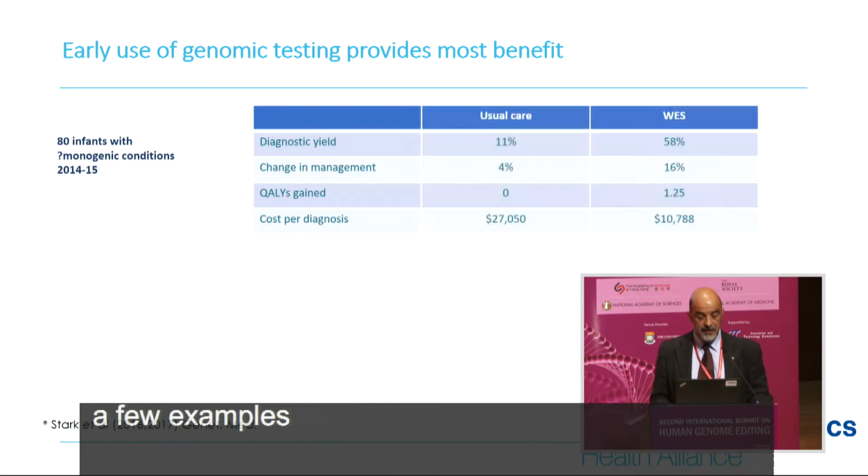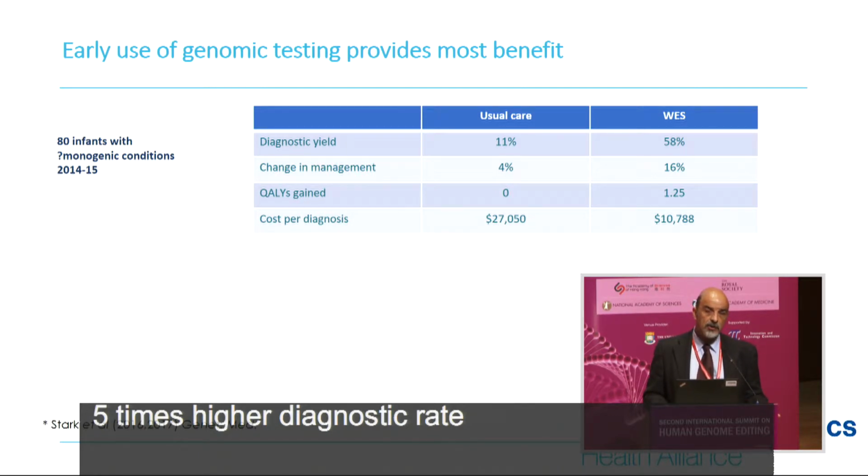And what was found was the early introduction of whole exome sequencing would be predicted to have a 5 times higher diagnostic rate than the traditional route, at about a third of the cost of the traditional diagnostic process. And in about a third of cases, this actually led to a change of management, not just in terms of restoring reproductive confidence, but a real change in management one way or another.